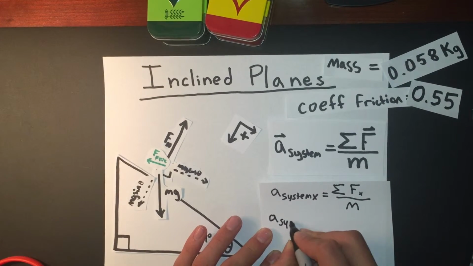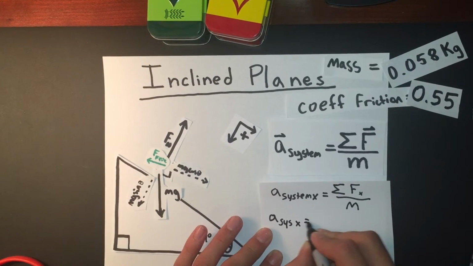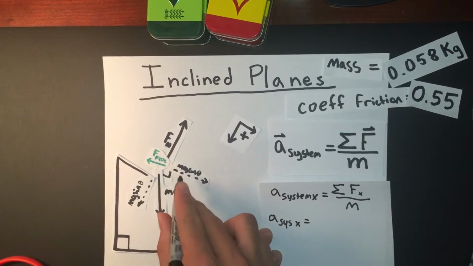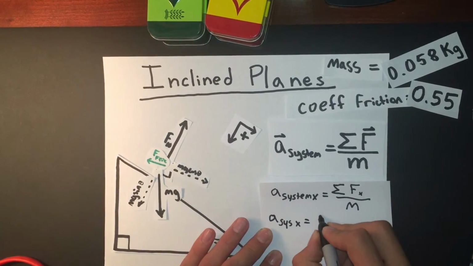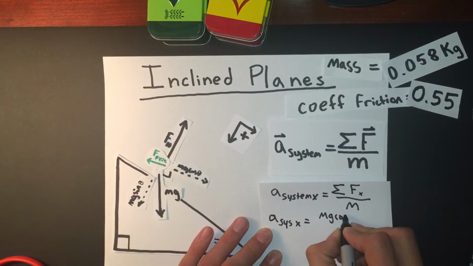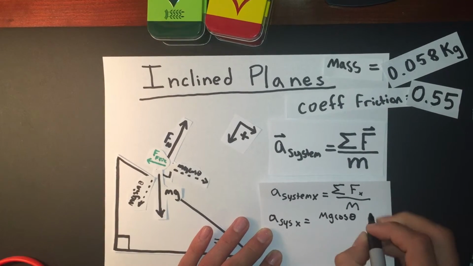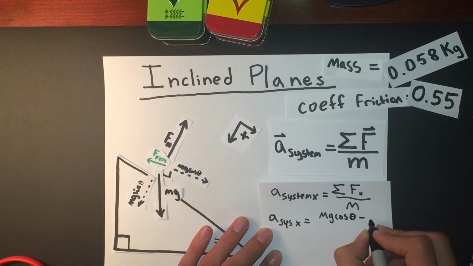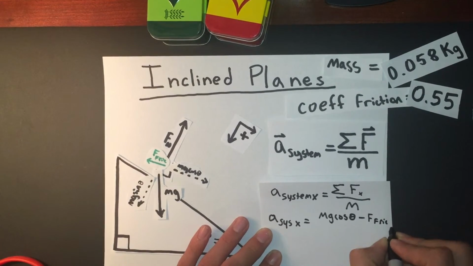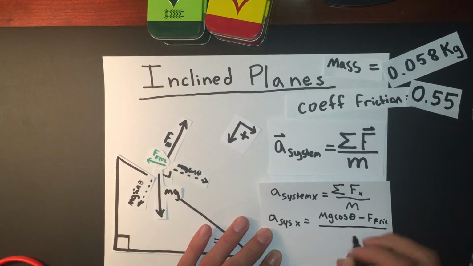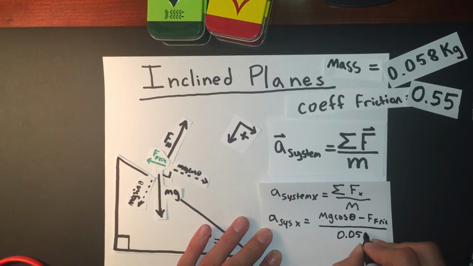Acceleration is equal to mg cosine theta minus the friction force over the mass of the object, which is 0.058 kilograms.